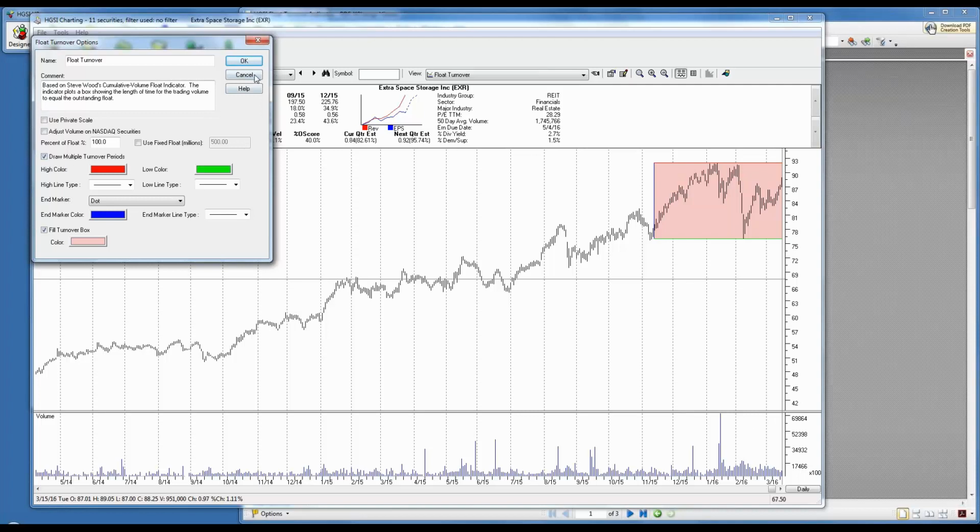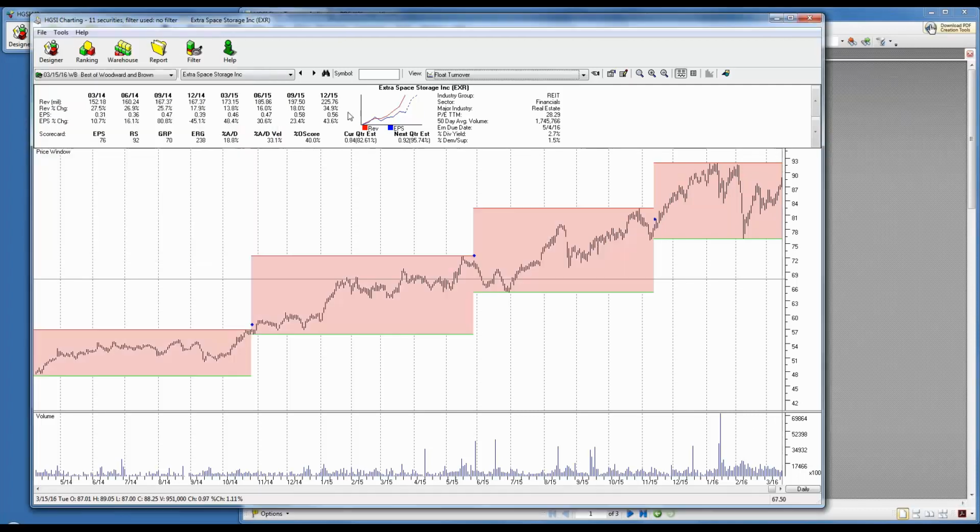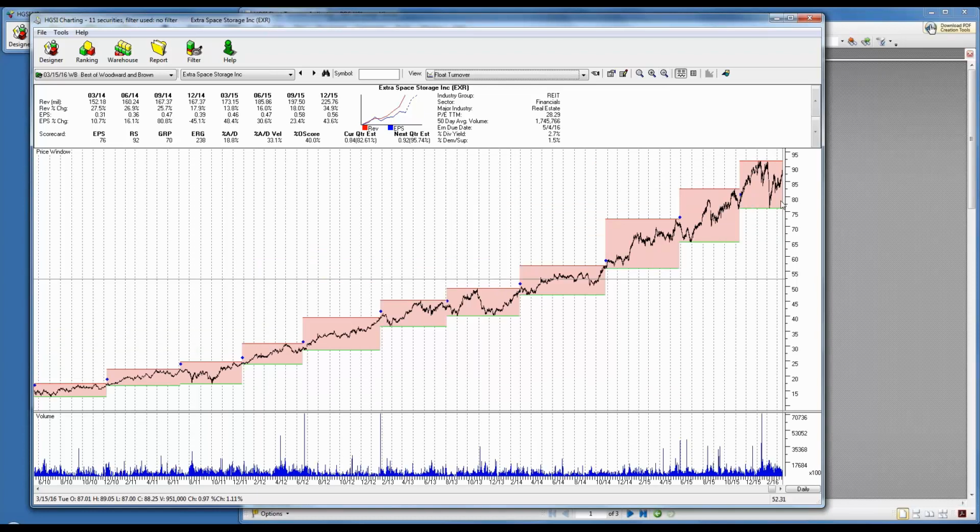If you turn on the draw multiple periods, we compute the next turnover period over and over again, all the way back through time on the stock. And so you can see each one of these boxes actually represents the same amount of volume, equal to the float of the stock.